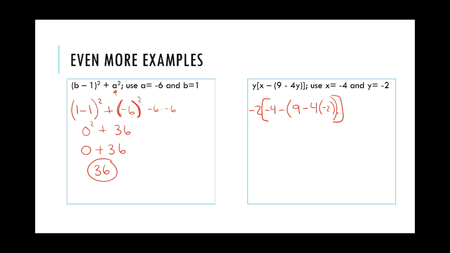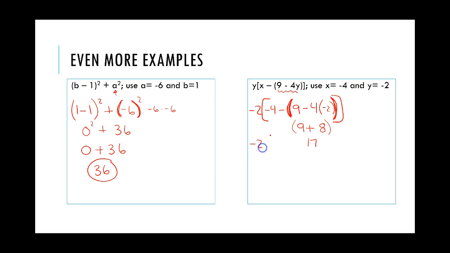So that could be kind of confusing there, but this all goes together. So we're going to do this innermost right here. We're going to do this first. So 4 times -2, or -4 times -2, gives you a positive 8, which is going to give you 17.